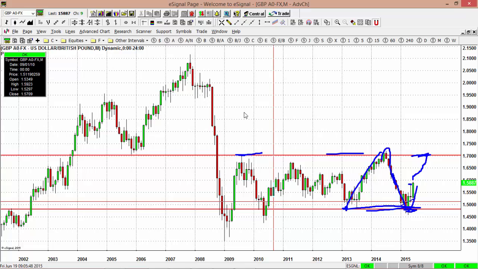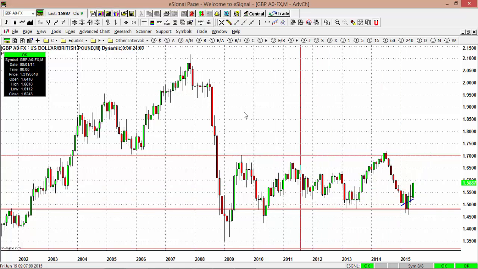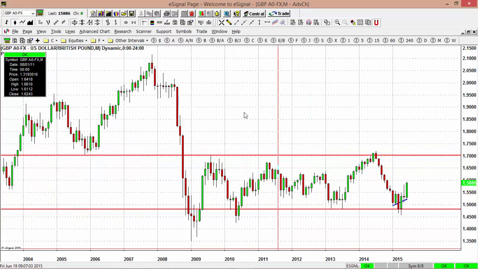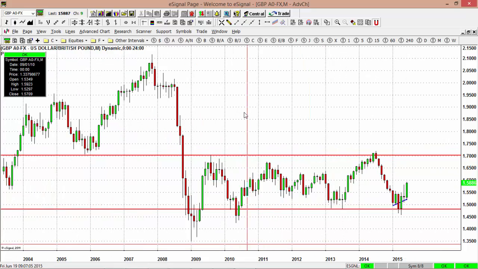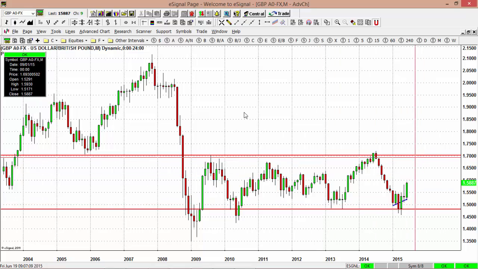I mean, the market could, in all likelihood, come back down and retest this area again. I mean, that can happen. But what we see, the evidence so far, is that the market probably has put in a significant bottom and may rally from here further.